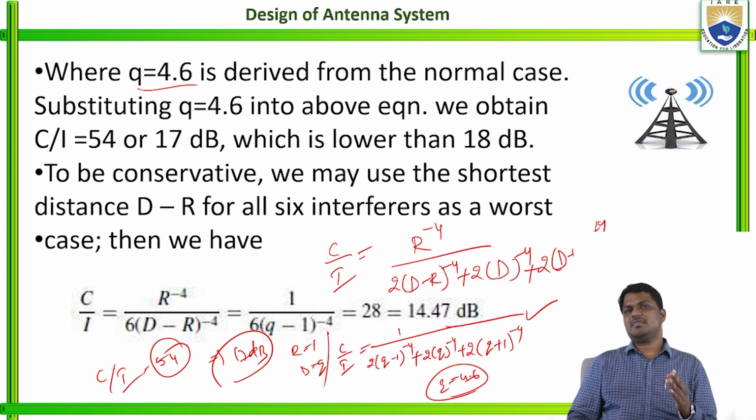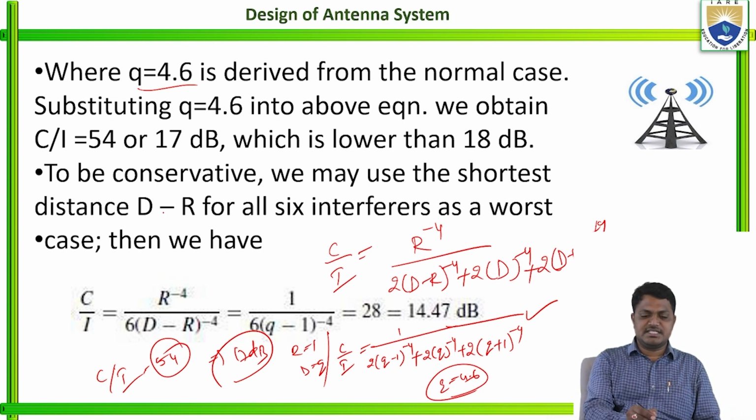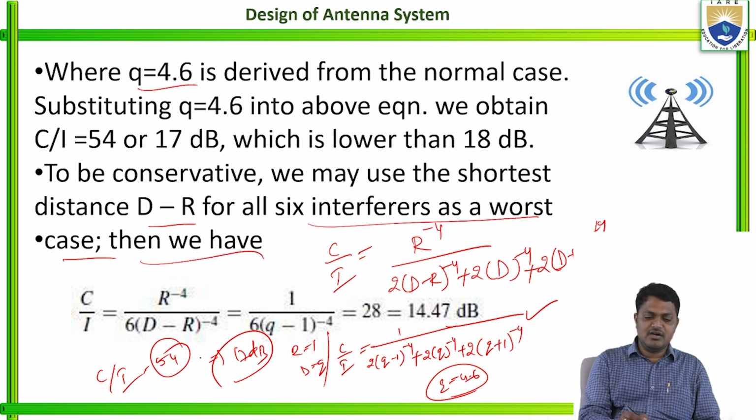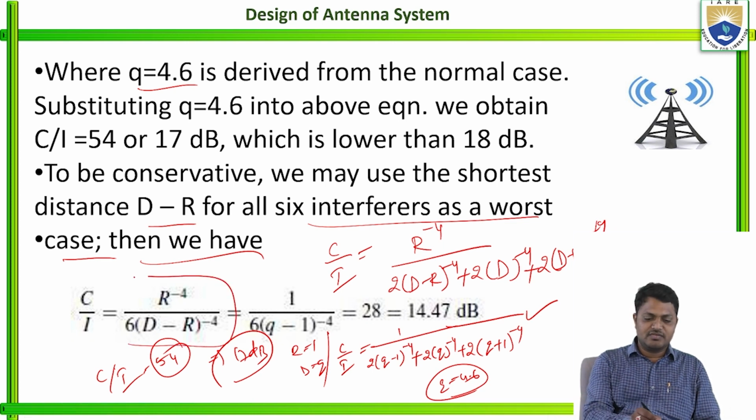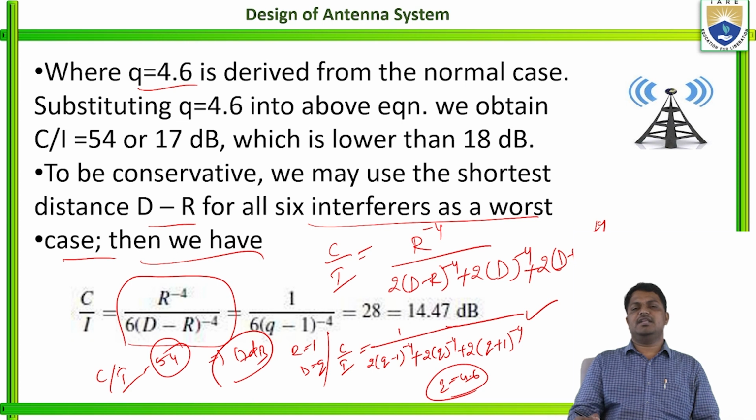So to be conservative, we may use the shortest distance D minus R for the 6 interferers in the worst case. Then we have this equation to calculate: R power minus 4 by 6 of (D minus R) power minus 4.